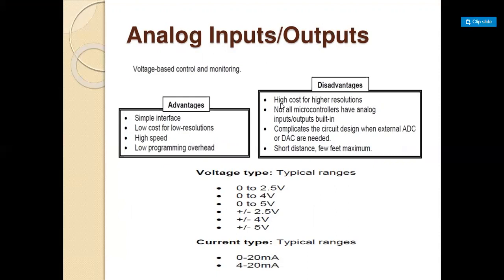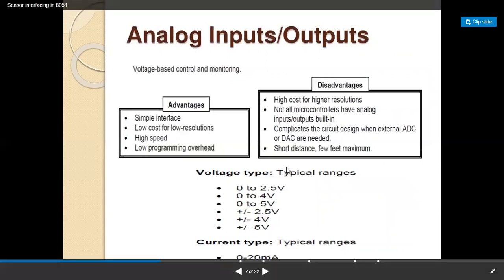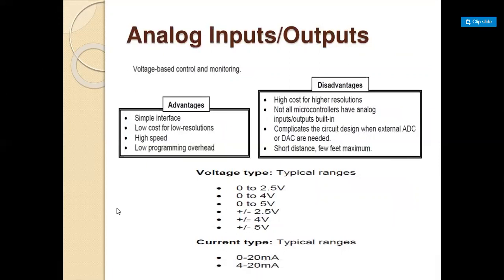When we are talking about the voltage-based control and monitoring devices, they have some advantages and disadvantages. Advantages are simple interfacing, low cost, low resolution, high speed, and low programming overhead. Disadvantages are high cost for higher resolution, not all microcontrollers have analog input and output, which complicates the circuit design as an external ADC or DAC is needed, and short distance, a few feet maximum.